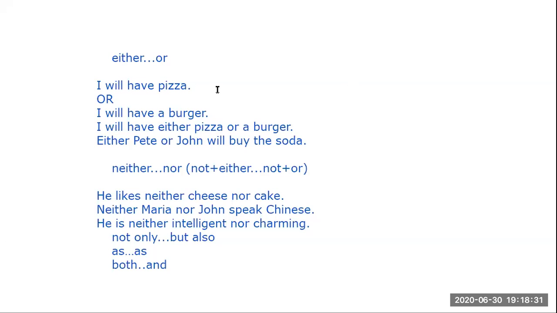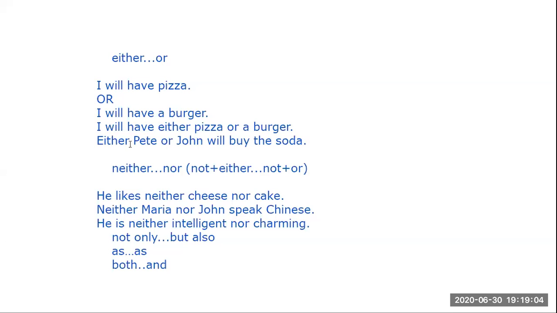Teacher, is it possible to use either as someone, or what is the meaning exactly of the word either? So either or is when we're talking about two things. Okay? So this is different from whoever.